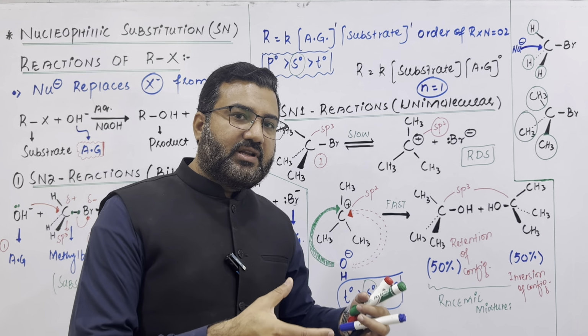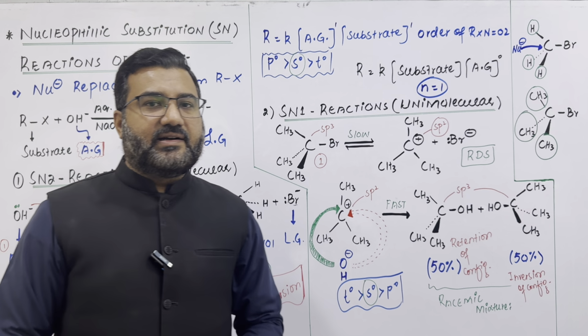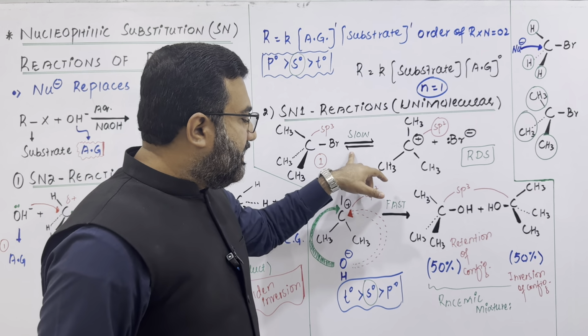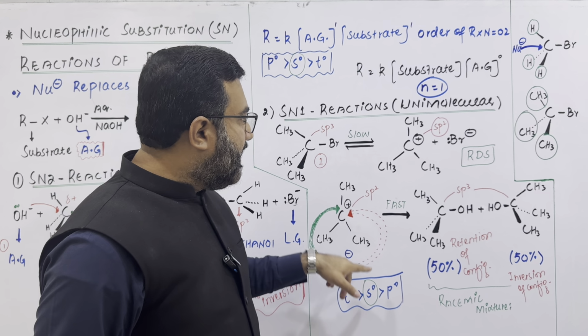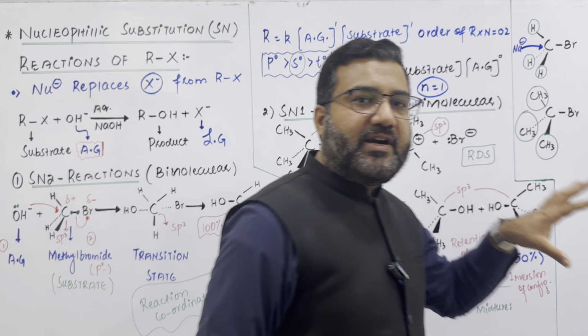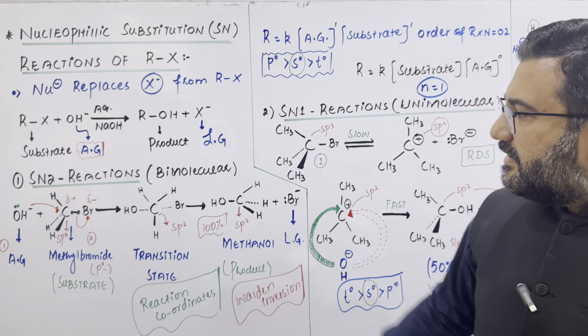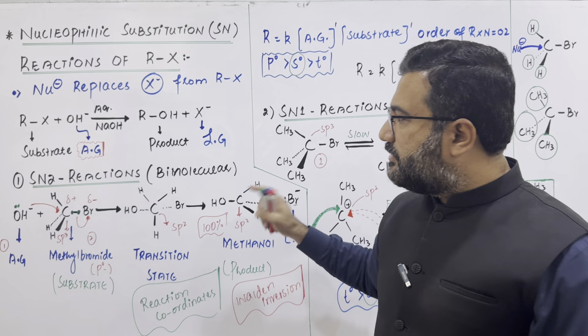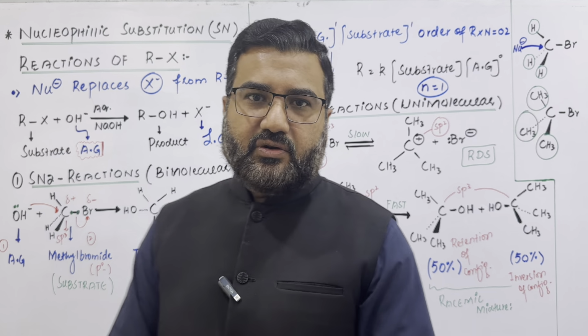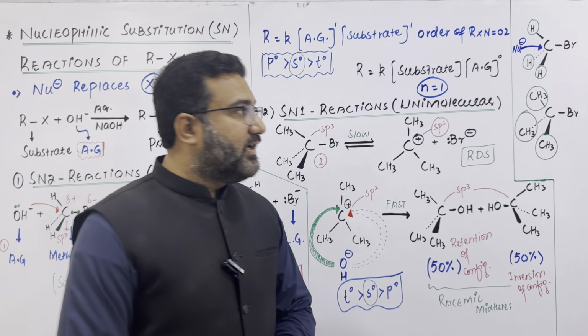It depends upon the medium in which the secondary alkyl halides are present. If you provide them a polar solvent, then the secondary alkyl halides will be ionized and they will show SN1 reactions. But if you provide them a non-polar medium, then they will not be ionized and they will show the SN2 mechanism. So it depends upon the environment you are providing to the secondary alkyl halides.